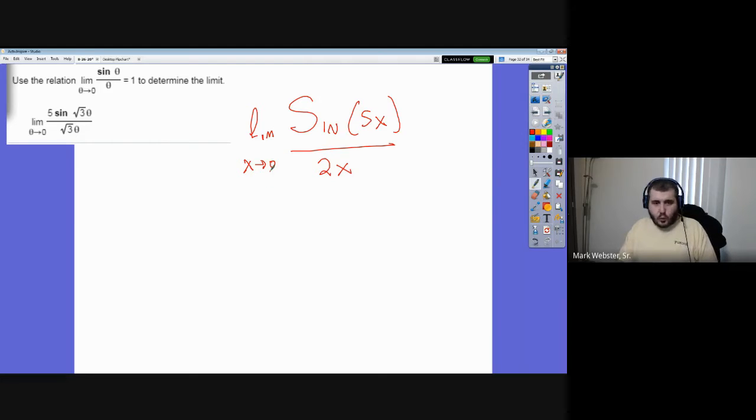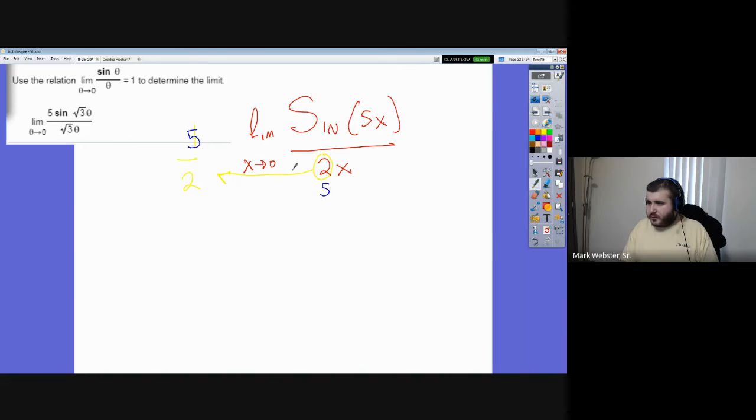So here's the thing. Once again, this isn't right yet. It doesn't look right. Let's fix it so it looks right. Yeet that 2, and then replace it with a 5. Well, if you put the 5 here, you're going to have to put a 5 out here too, right?